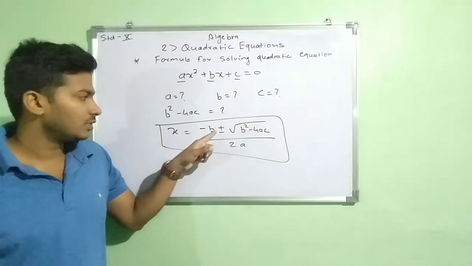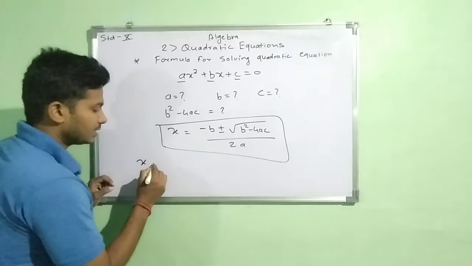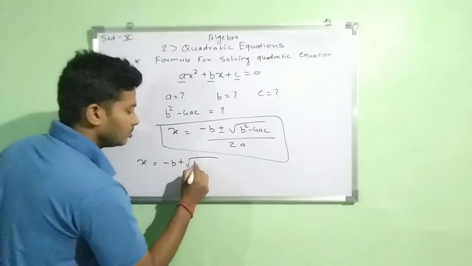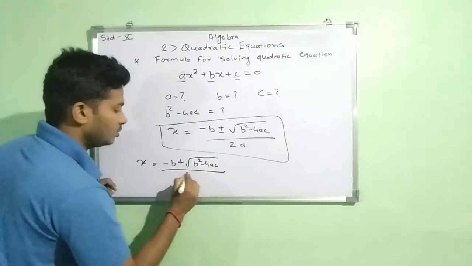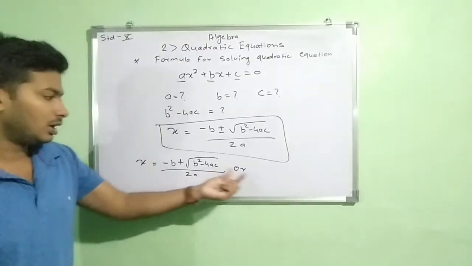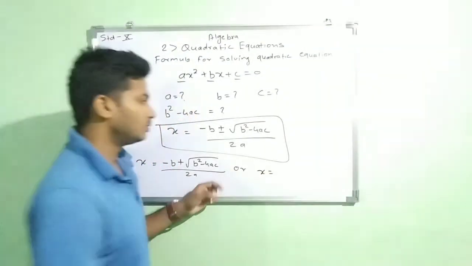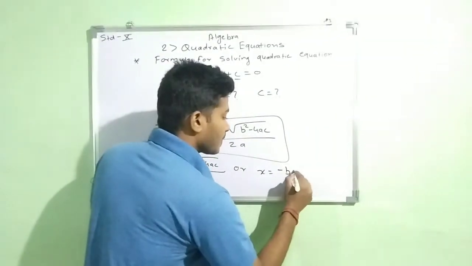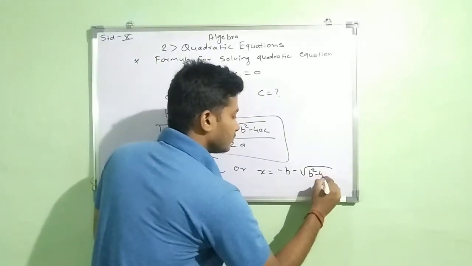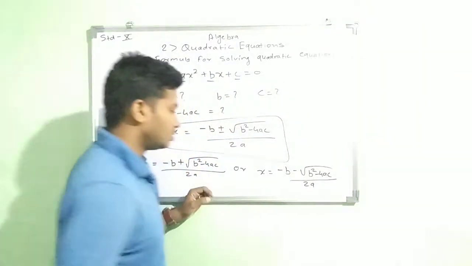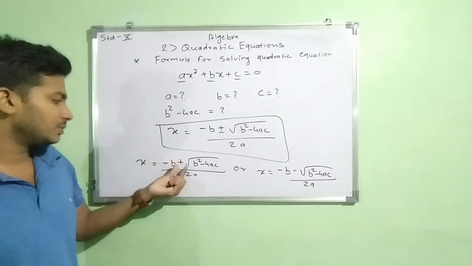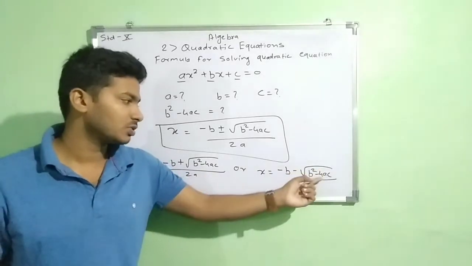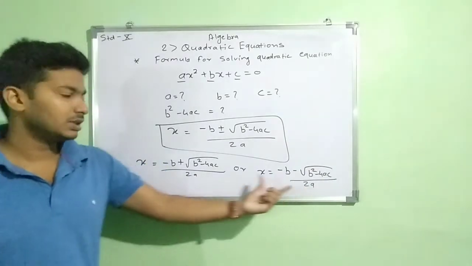That means once we write plus, x is equal to minus b plus under root b square minus 4ac divided by 2a, or again we write x is equal to, now with the negative sign, minus b minus under root b square minus 4ac divided by 2a. These are the two roots.